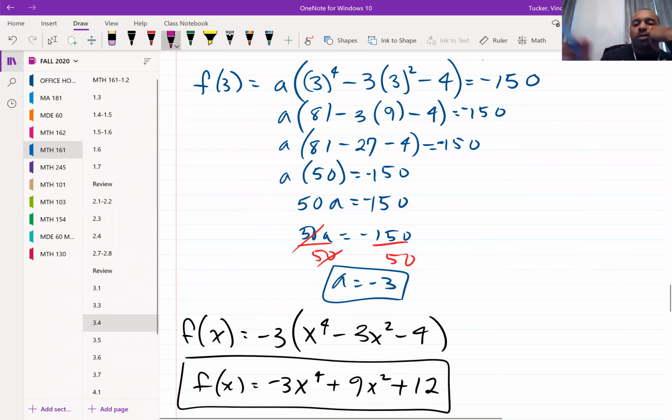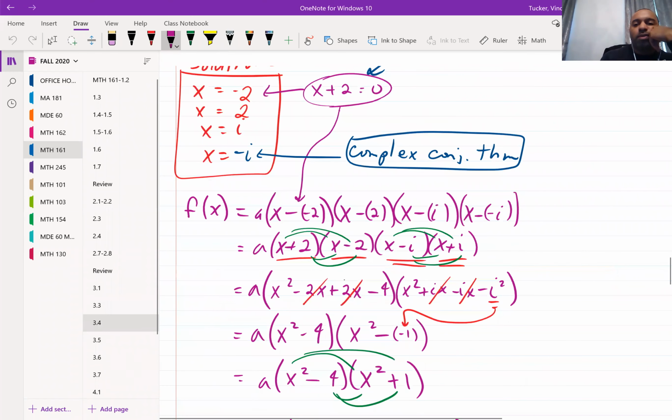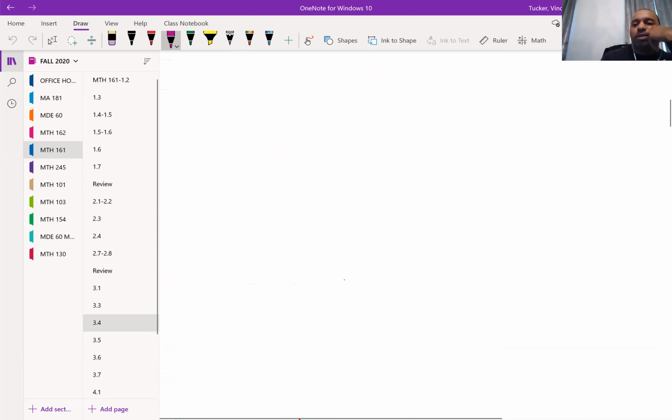All right, let's look at 3.4. Do I want to get started here?